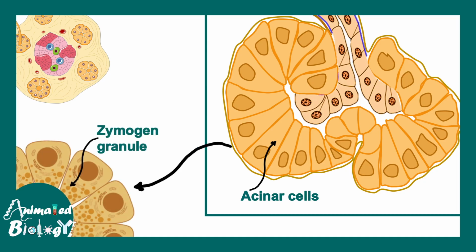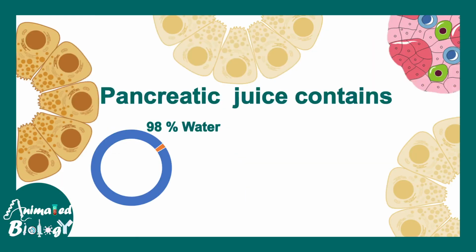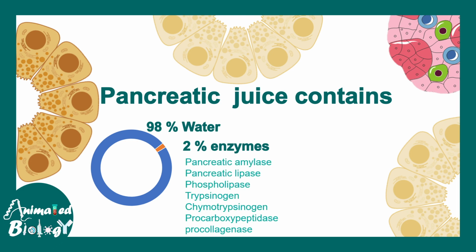Now there are zymogen granules which are present in these acinar cells, and all these enzymes which are supposed to be used for digestion are secreted in a premature or inactive form. Now pancreatic juice contains majorly water, but 2% of that is also enzyme, and these enzymes are pancreatic amylase, lipase, phospholipase, trypsinogen, chymotrypsinogen, carboxypeptidase, and procollagenase.